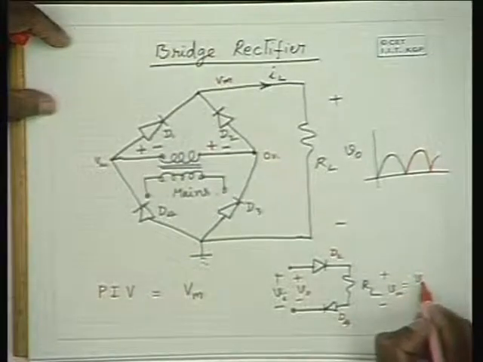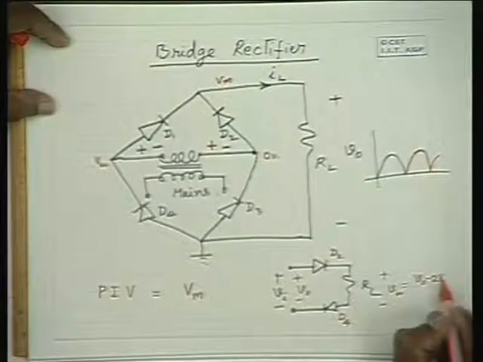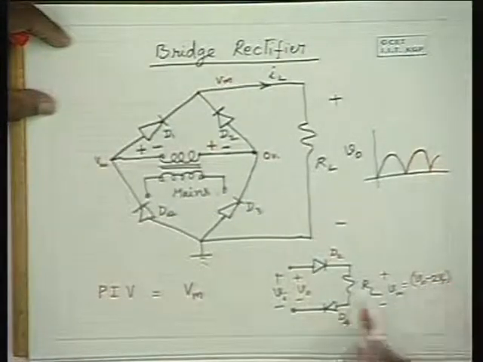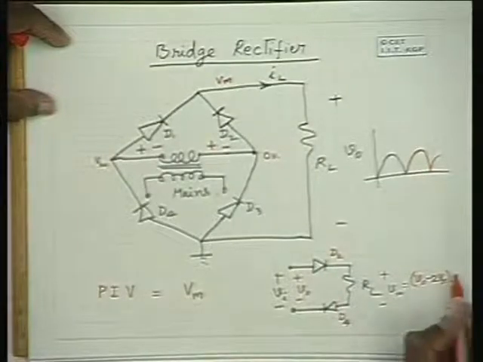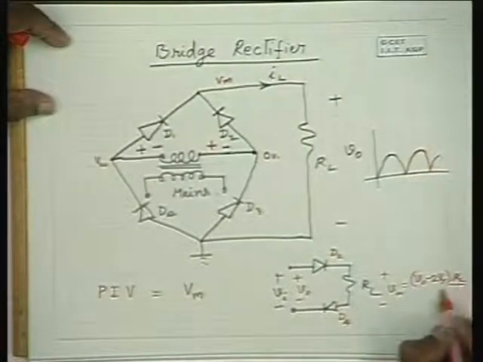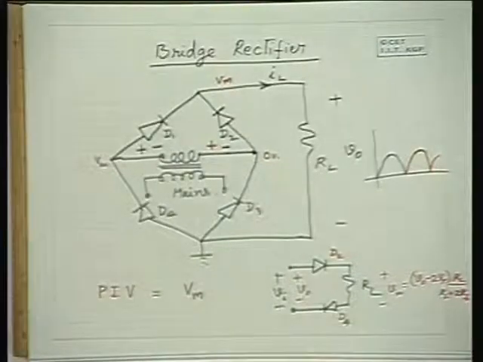So it is obviously V0 minus, this time you have two V gammas, and that is divided between RL and two RFs. Therefore it is RL by RL plus 2 RFs. The analysis is very simple.